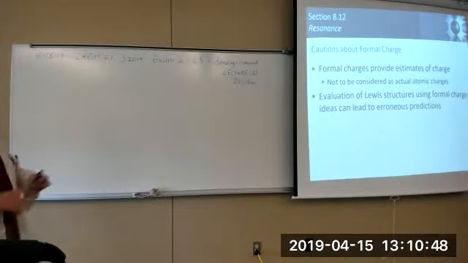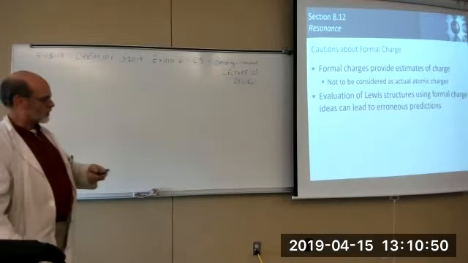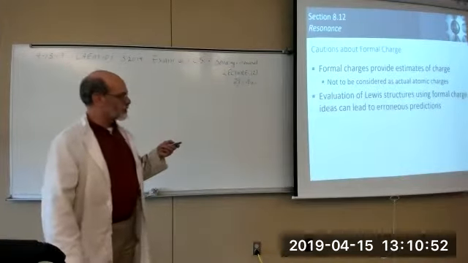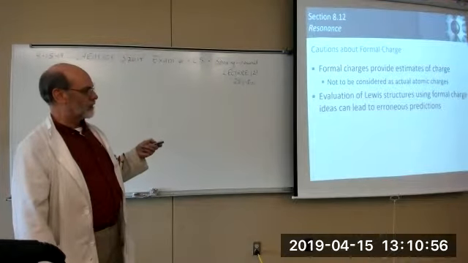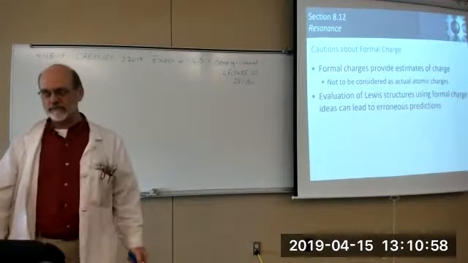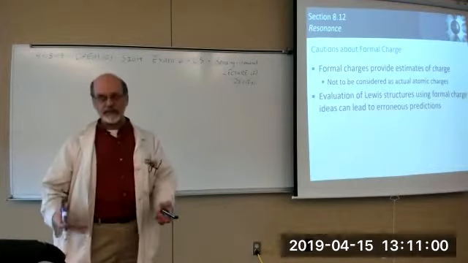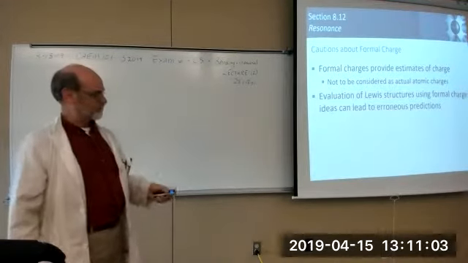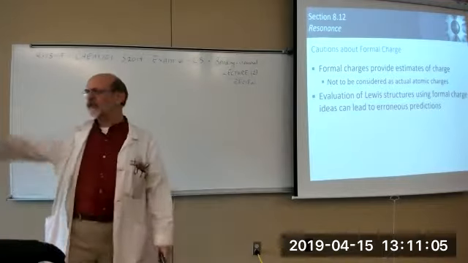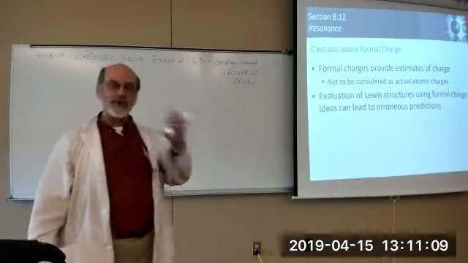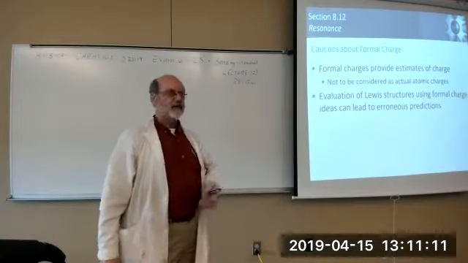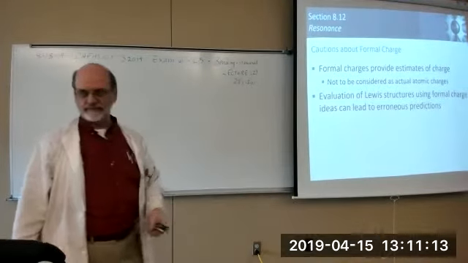Now this is a precaution, just a word of caution. Formal charges are not actual charges. It's just a bookkeeping scheme. Okay? Oxidation state is one way that we use for bookkeeping, and this is another way.